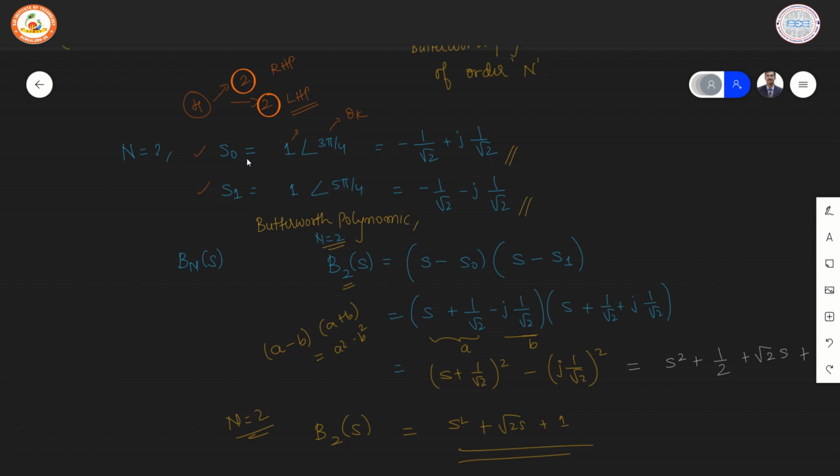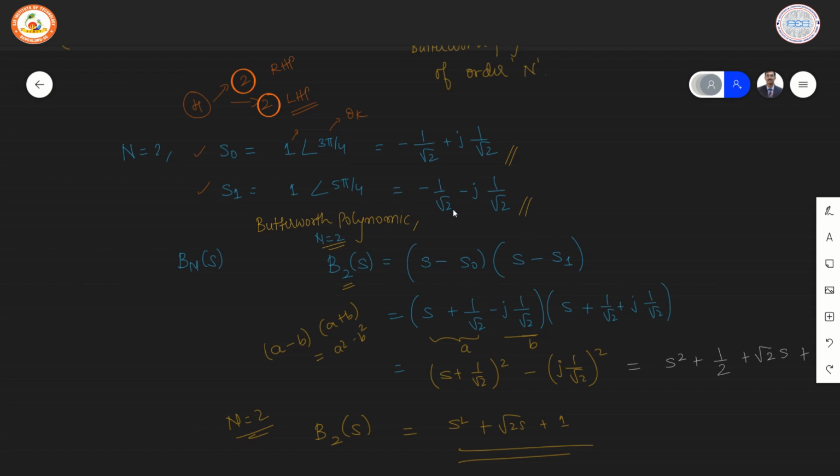Similarly, when you determine the second pole for k value equals 1, the magnitude is 1 and the angle is 5 pi by 4. The separation between the two poles happens to be equal to pi by n. In this case, n value is 2, hence the difference between the two is pi by 2.